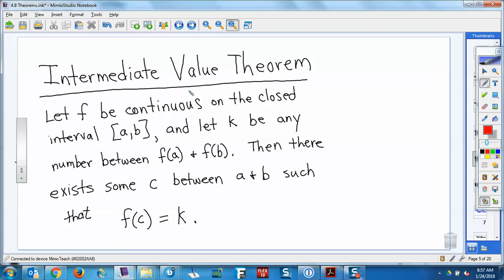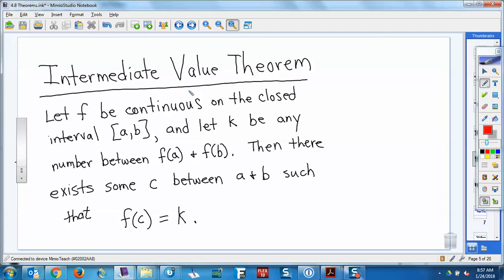Between f(a) and f(b). Now remember, a and b are endpoints. So f(a) and f(b) are our y value endpoints, right? So k is between f(a) and f(b). So what this is saying is that there exists some c such that its output is between f(a) and f(b). Now, you have to almost think of that backwards, because remember, k could be any value between f(a) and f(b).